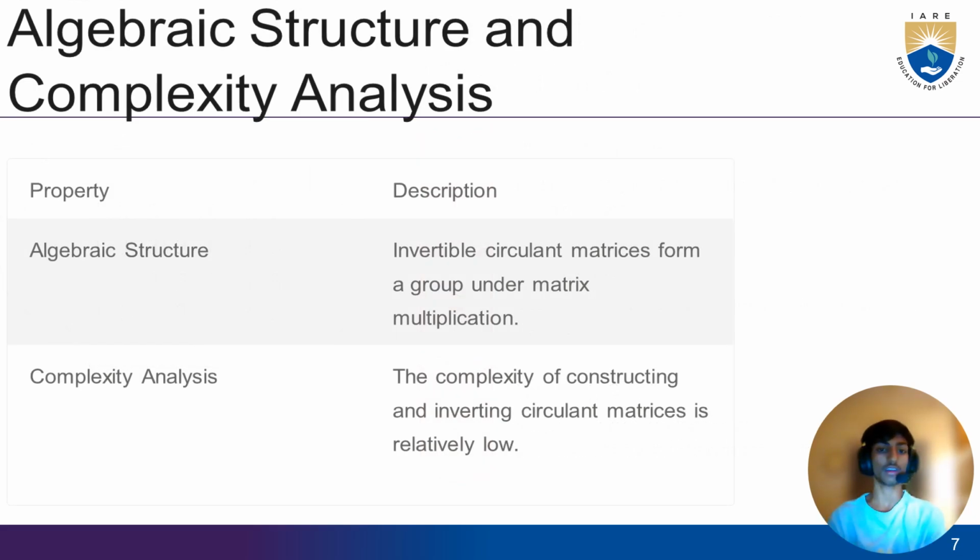The algebraic structure and complexity: analyzing properties and algebraic structure. Invertible circulant matrices form a group under matrix multiplication, and this is relevant to the complexity analysis.